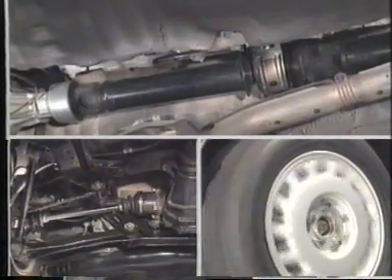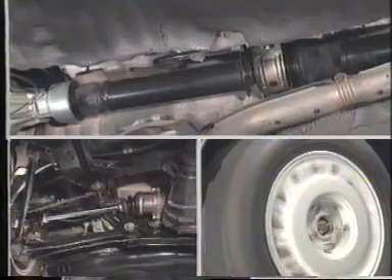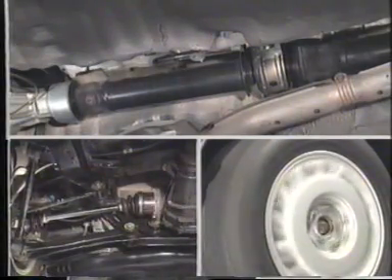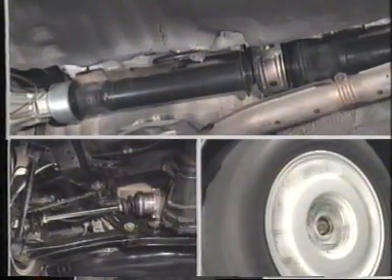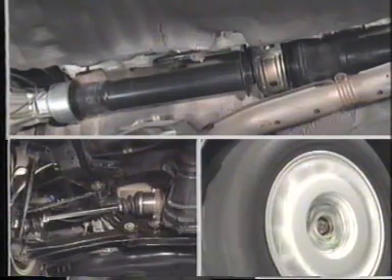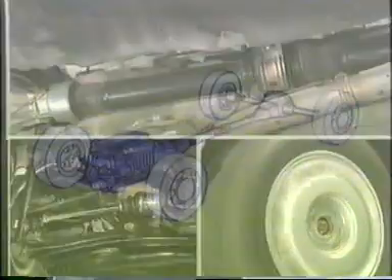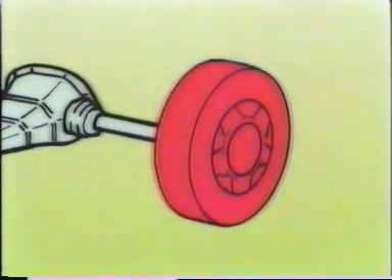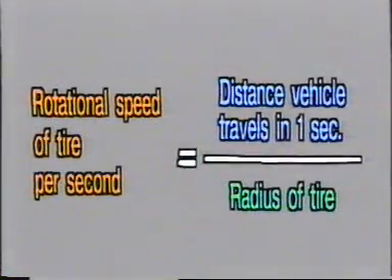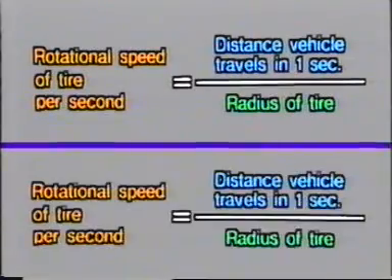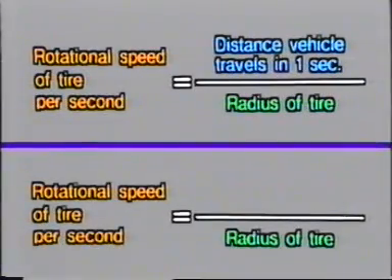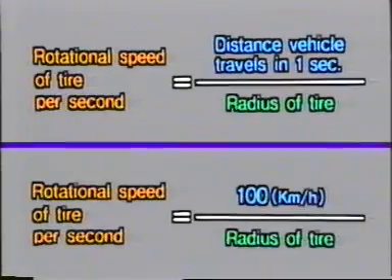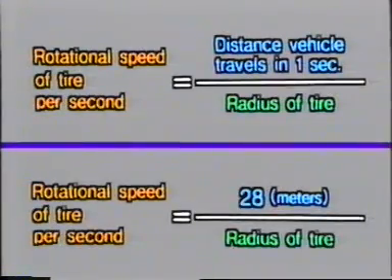Since any of these components could generate a vibrating force, let's calculate the frequency for each component at 100 kilometers per hour. We will begin with the tires. The rotational speed of a tire per second is calculated according to this formula. When the vehicle is running at 100 kilometers per hour, it travels 28 meters in a second.